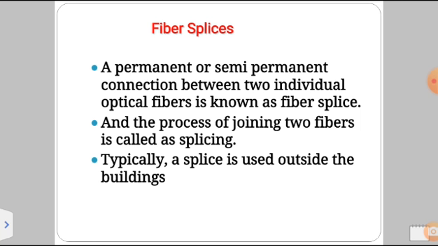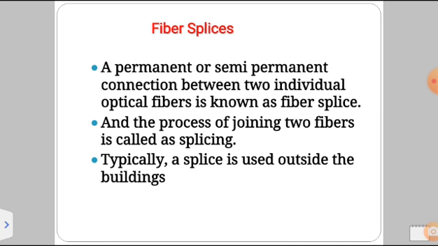There are so many splicings because installation is a difficult task. Every 500 meters, fibers are joined together to form a single structure. Just imagine 50 kilometers, there are 100 splice connections, 100 different fibers joined together, core to core, cladding to cladding, making a common structure.